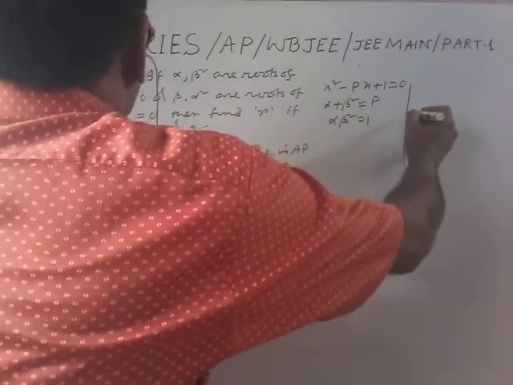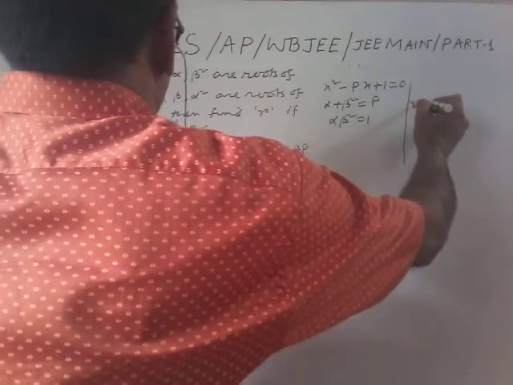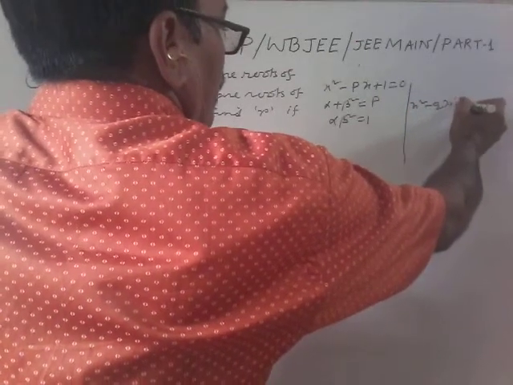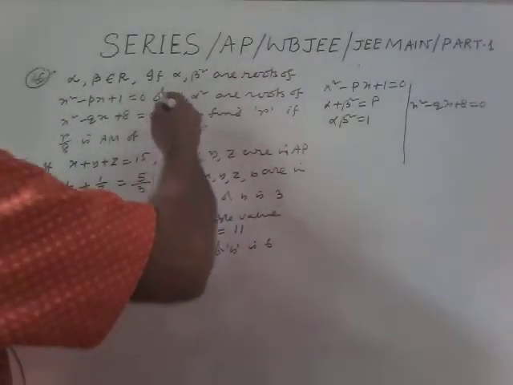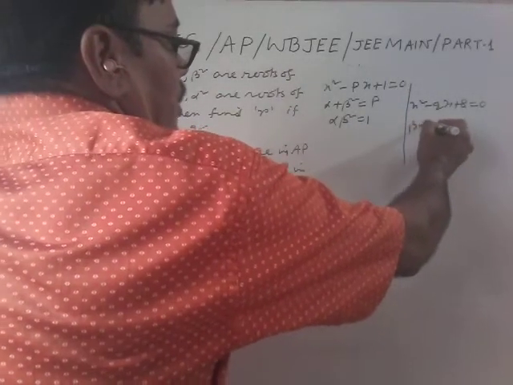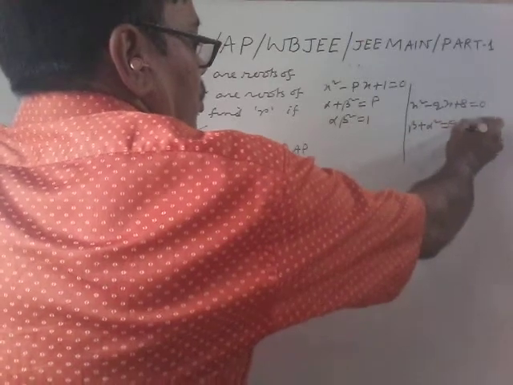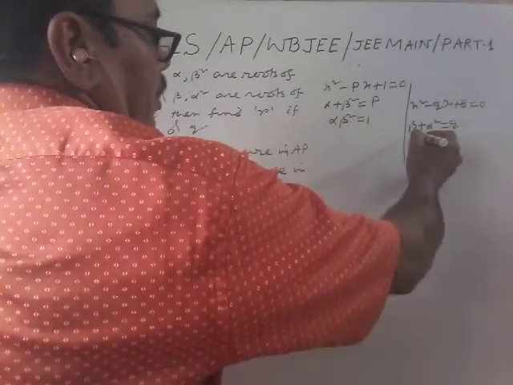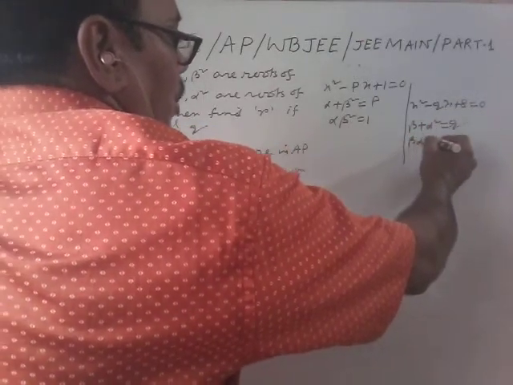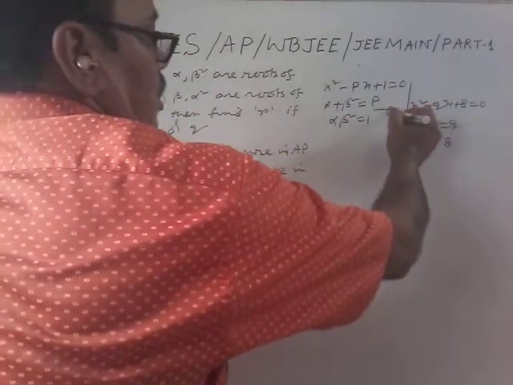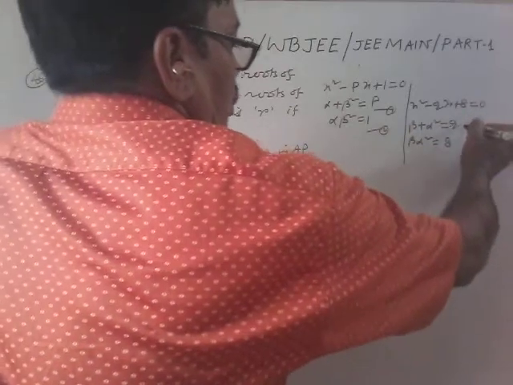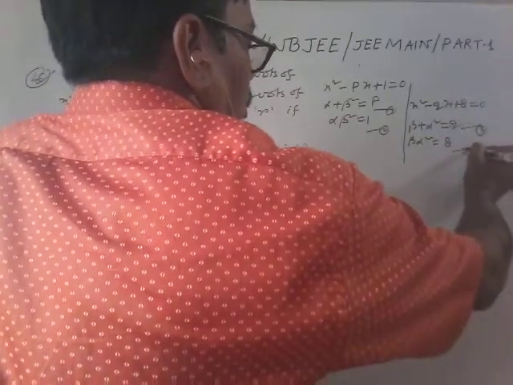And x square minus qx plus 8 equals 0. So roots are beta comma alpha square. Beta plus alpha square equals q and beta alpha square equals 8. So this is 1, 2, 3, 4.